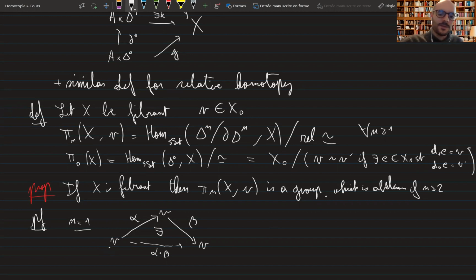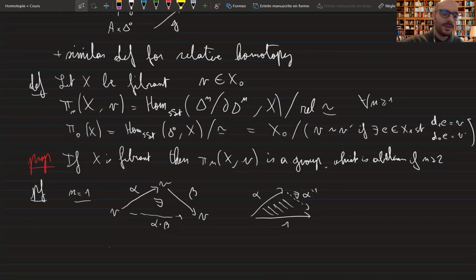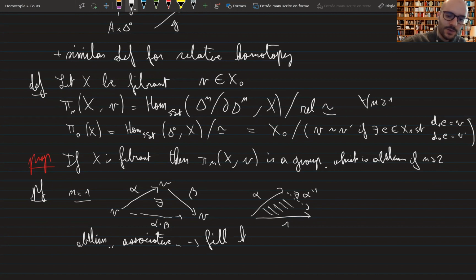All right, so this defines the composition of two maps. To prove that it's a group, you want to define an inverse, and you fill this kind of horns. And to prove that it's abelian and associative, again, you fill horns in a nice way that I'm not going to explain.